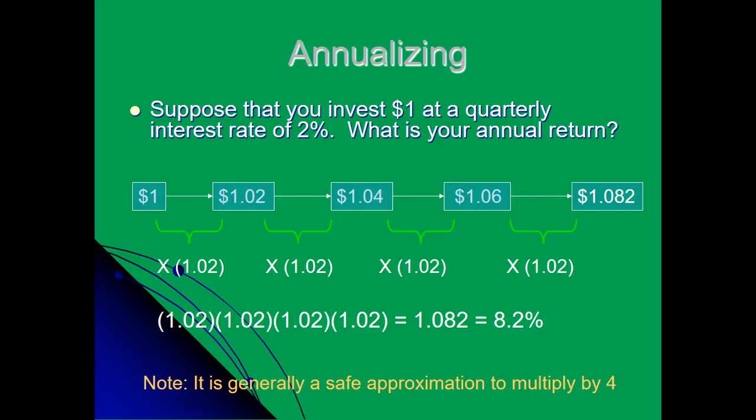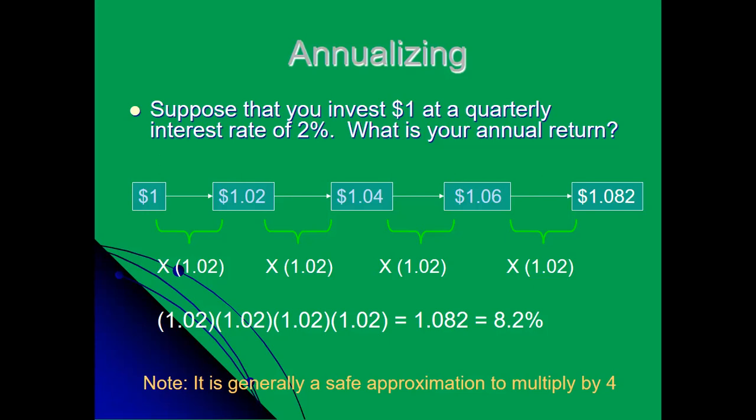So for example, 1 times 1.02 equals 1.02, times another 1.02 equals 1.04, and so on and so forth. We can actually recheck the values, so you can pause this part here and recheck the amounts. And 1.06 times 1.02 would be 1.082.